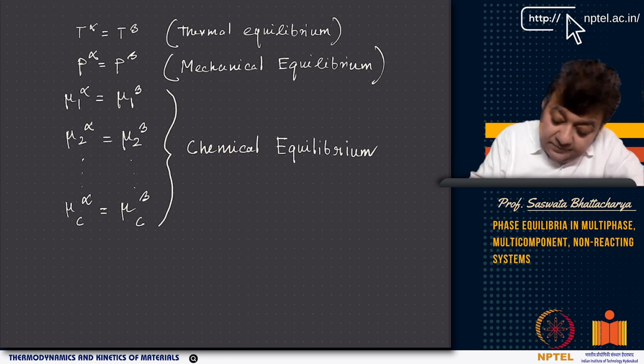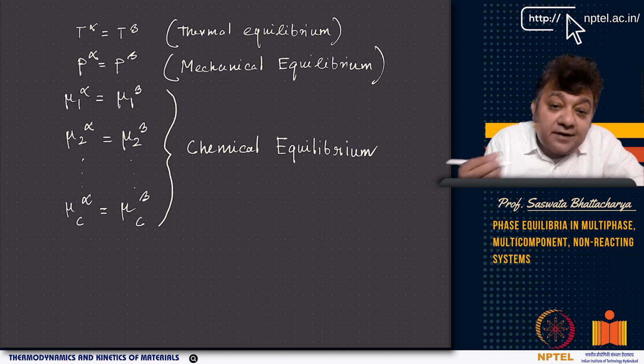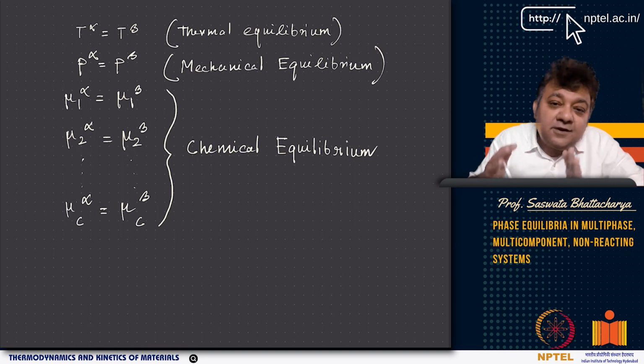And these equilibria we have already arrived at, right, using this concept of an isolated composite system containing several subsystems separated by walls. In the walls you imposed constraints, and then you started removing the constraints.